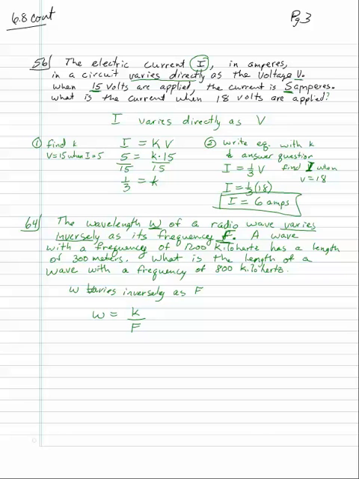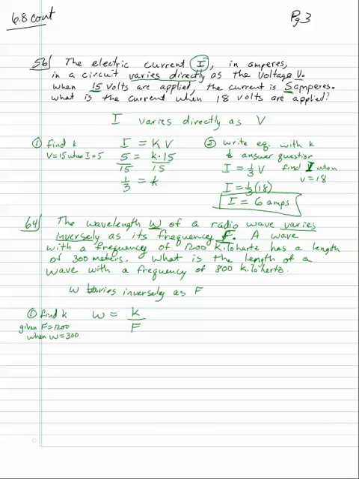And again, it's going to be two parts. First part is figure out k with the given information. Find k given that f equals 1200 when w is equal to 300.